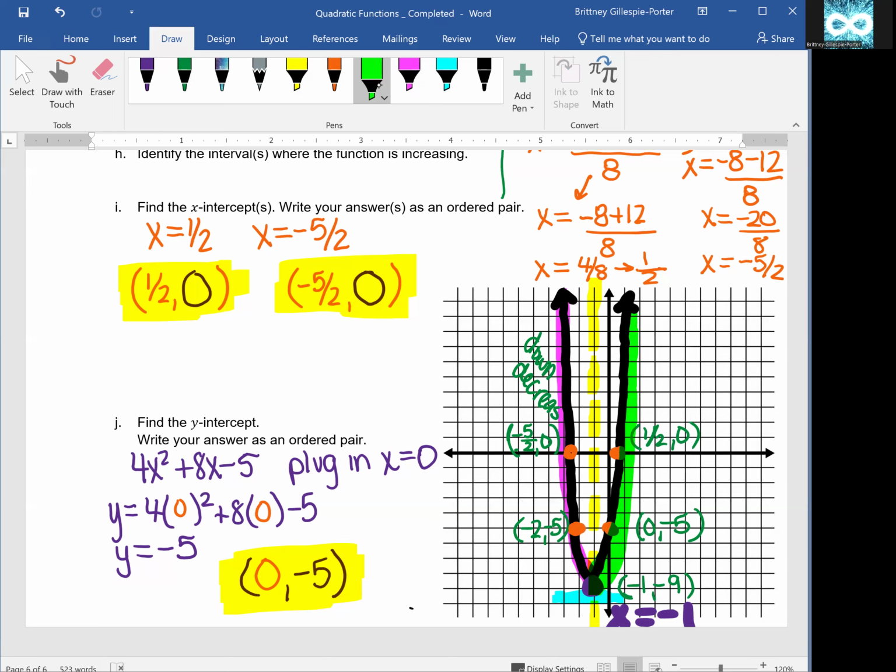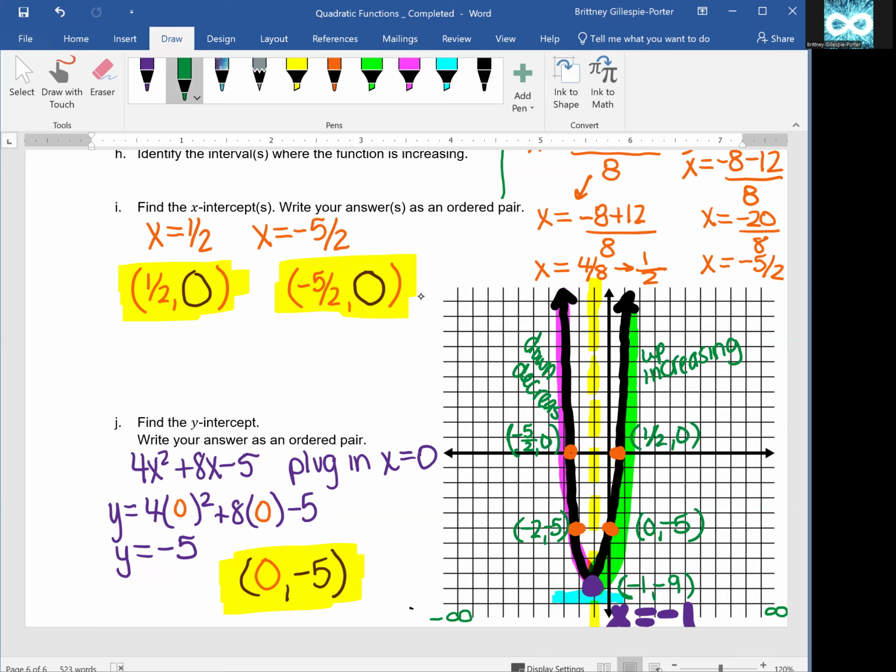And since we're going up, that means that we are increasing. And remember that this all is based around that axis of symmetry. It's our turning point. So from negative infinity on the left-hand side all over to -1, we're going to be decreasing. And from -1 to positive infinity, the other half of the graph, we are increasing.